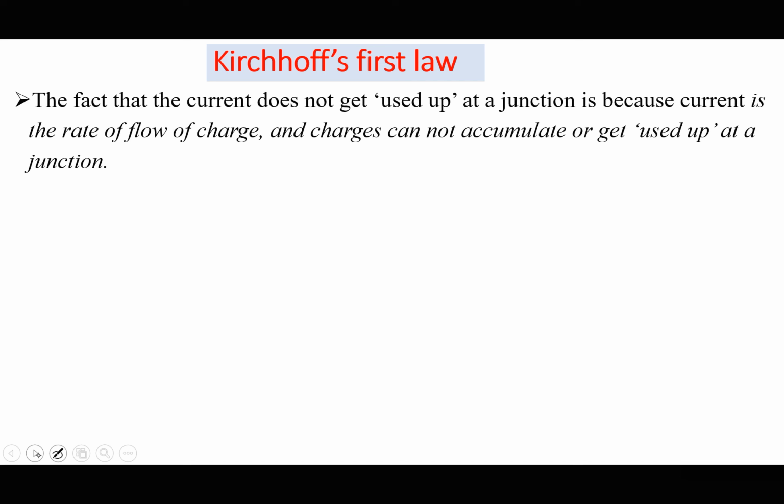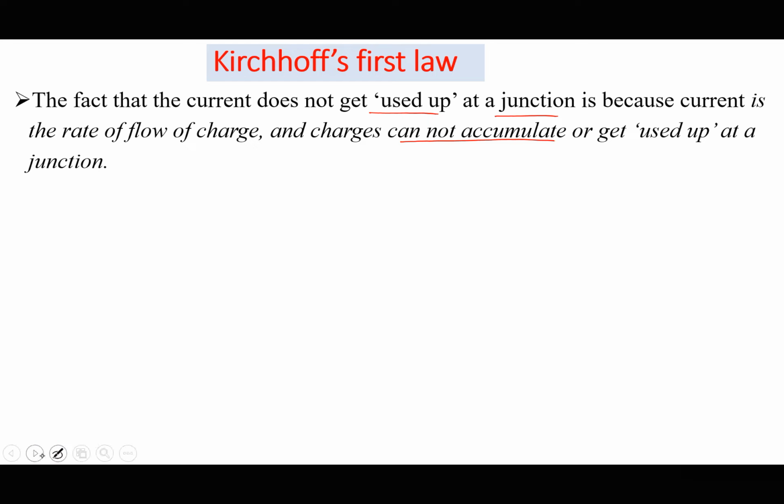Current does not get used up at a junction, that is, charge does not accumulate at a junction. Because current is the rate of flow of charge, the charges cannot accumulate at a junction or get used up at a junction.